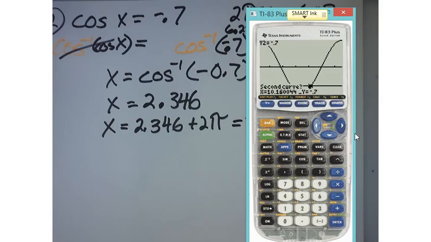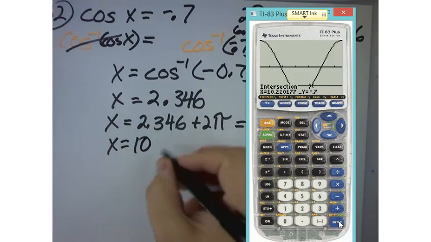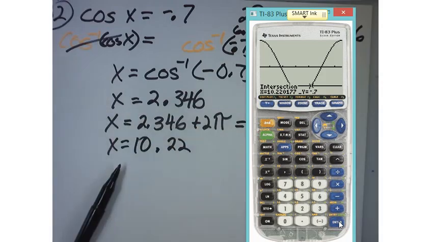So if I hit the second curve and then guess, now it's 10.22. So these are the two answers right here.